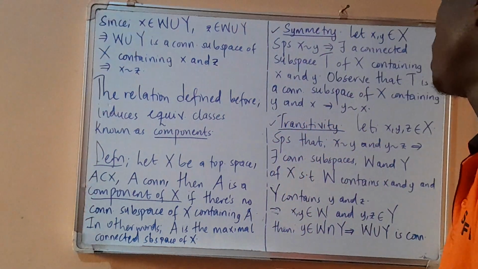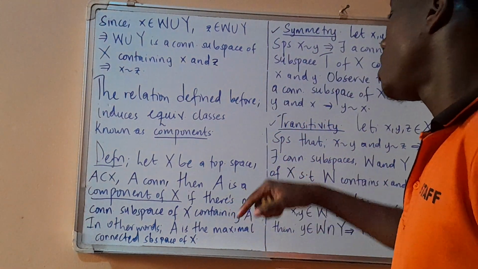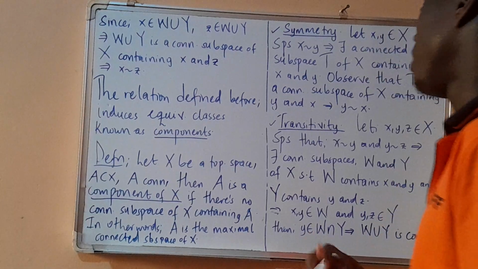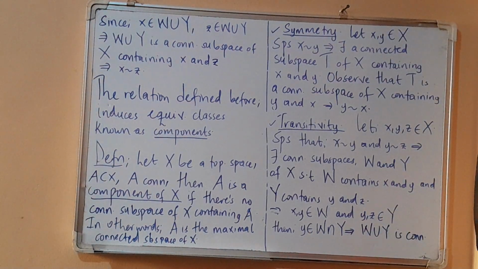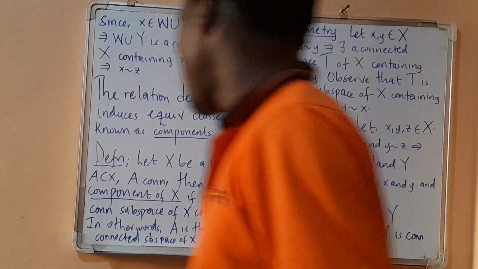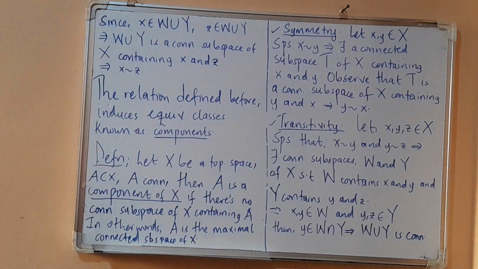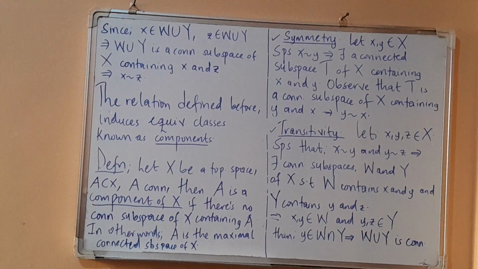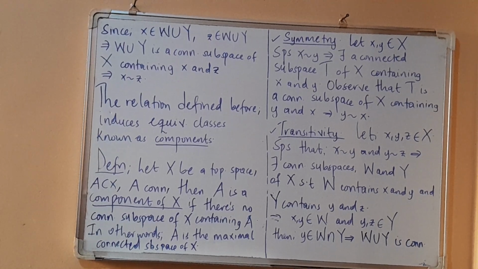Because if it's a component, then there must exist no connected subspace of X containing A. In other words, A becomes the maximal connected subspace of the topological space X.